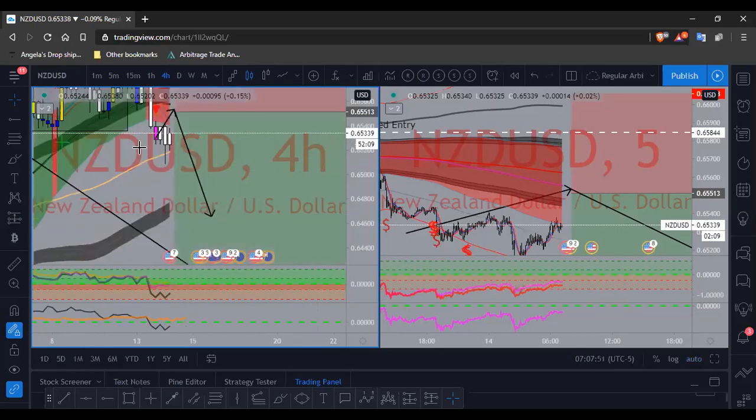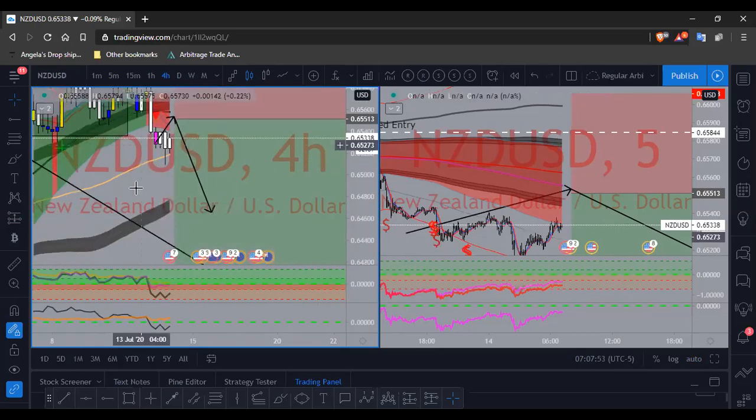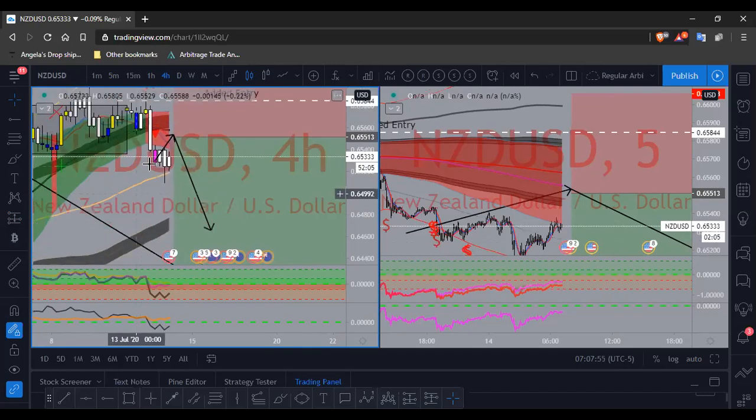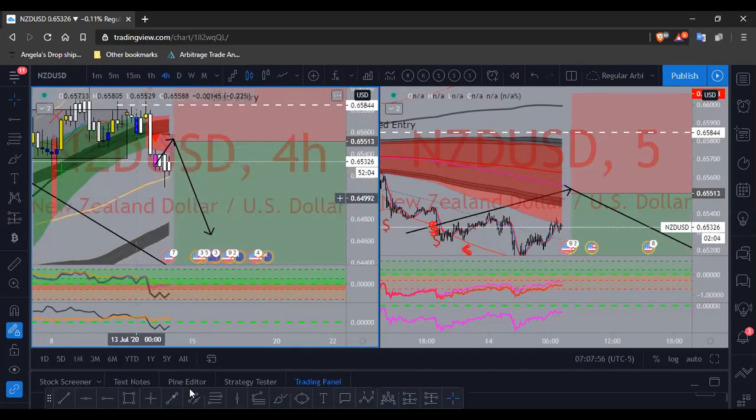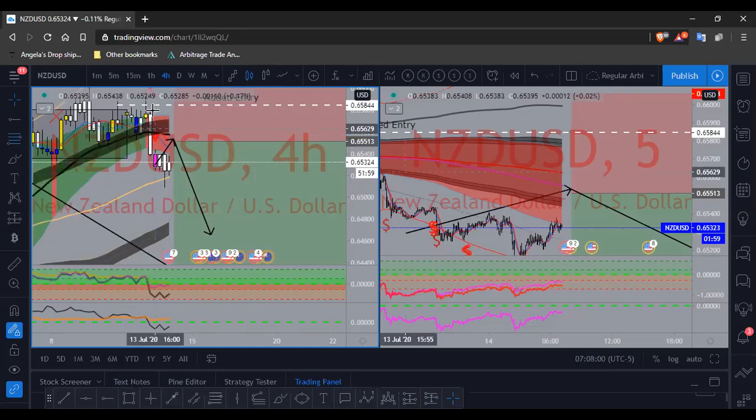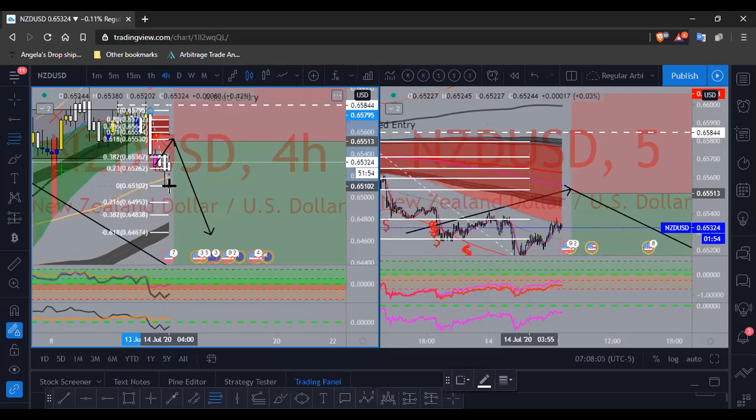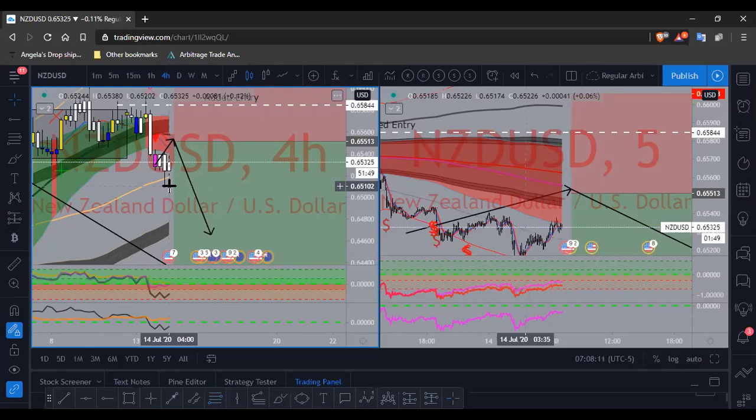Let me actually see where it lines up with. It kind of looks like it lines up with exactly the entry that we have from this bearish move back. Yeah, no, exactly 0.618. Yep.